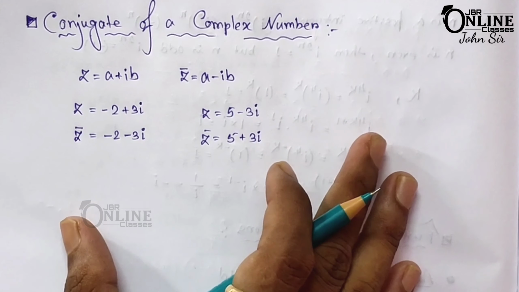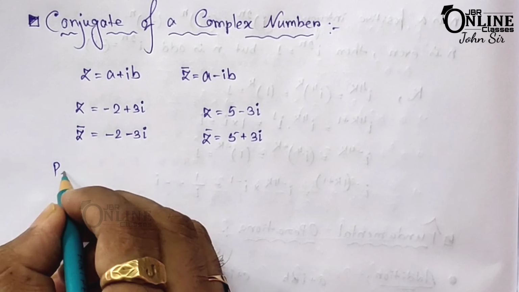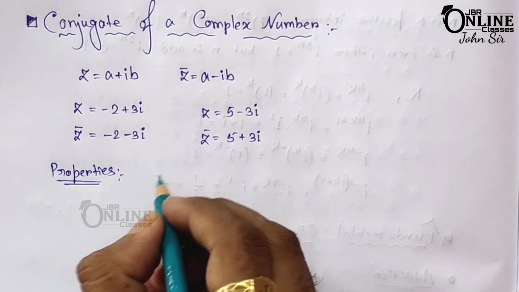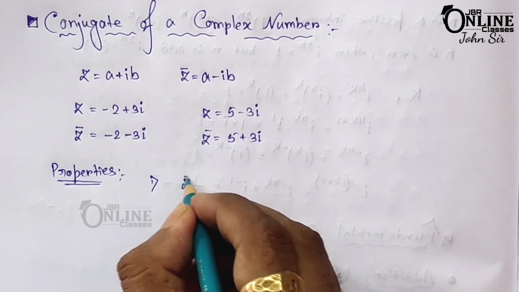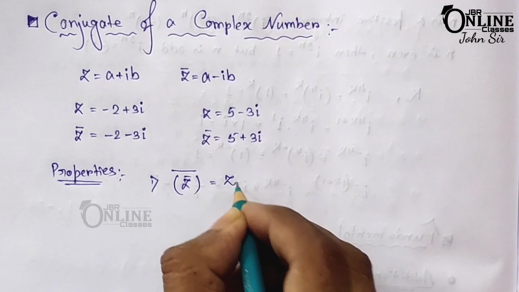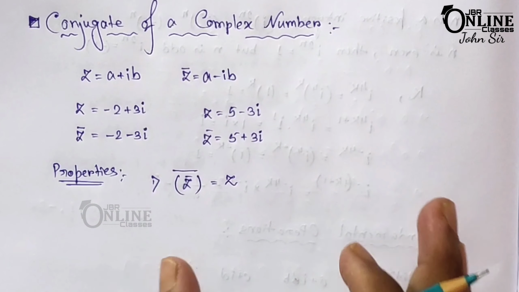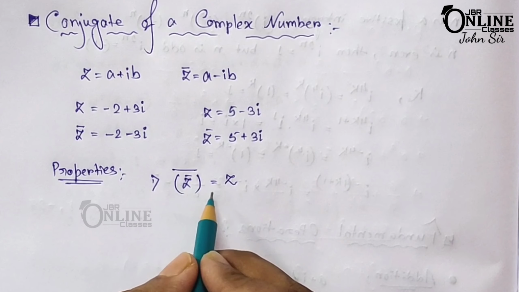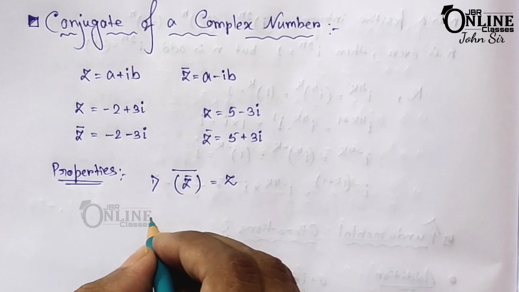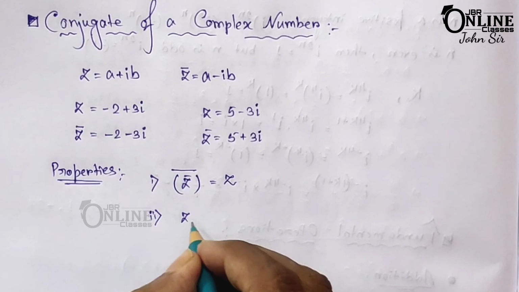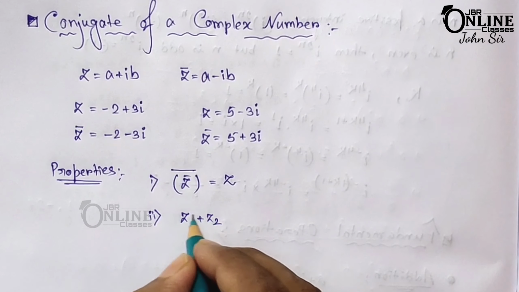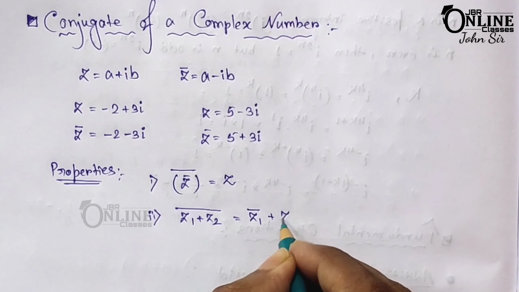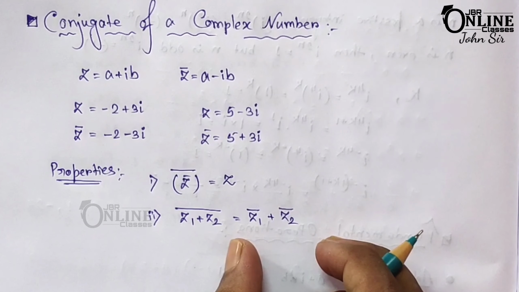Now there are some properties of the conjugate of a complex number. The first one: the conjugate of the conjugate is always the original complex number. Next, for the addition of two complex numbers, the conjugate of z1 plus z2 will be the conjugate of z1 plus the conjugate of z2.